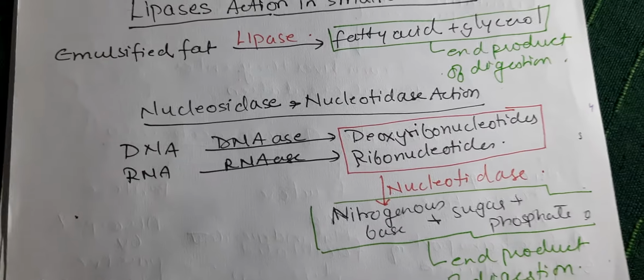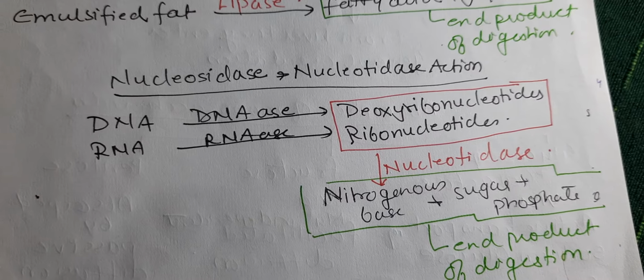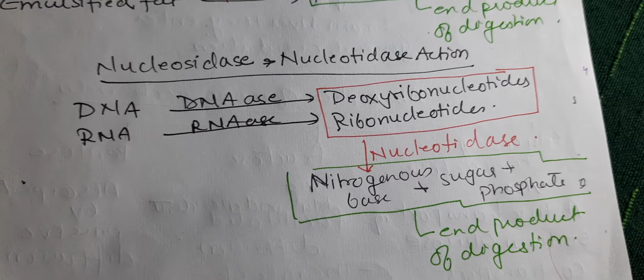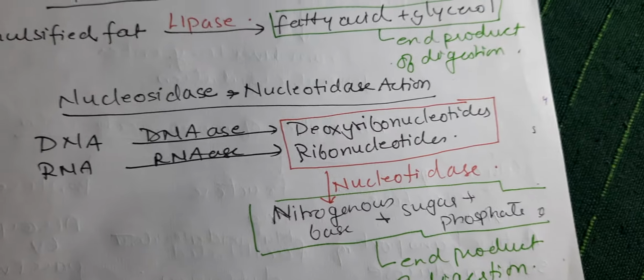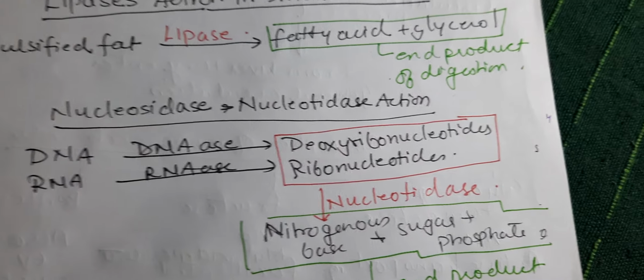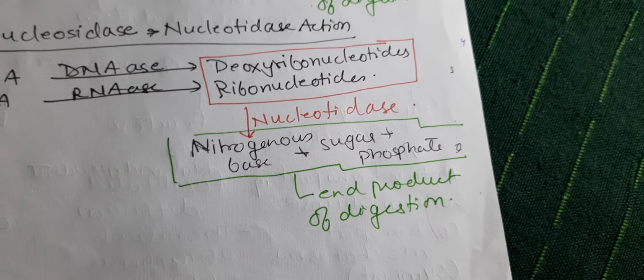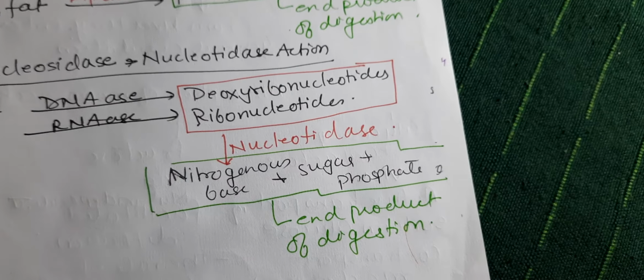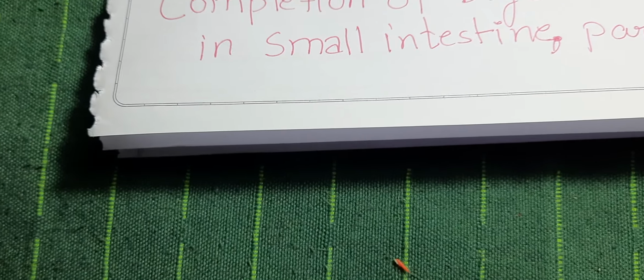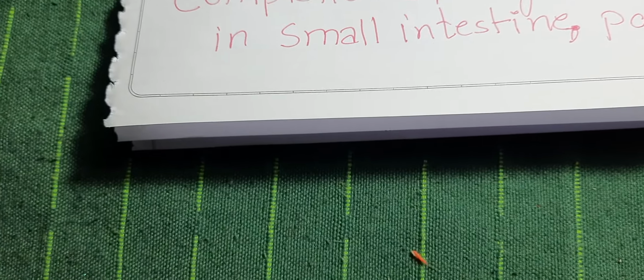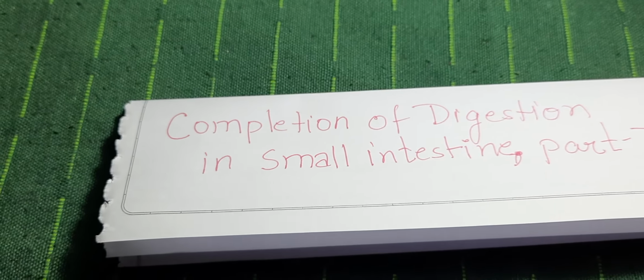Similarly, nucleosidase and nucleotidase are there. The DNase and RNase act respectively on DNA and RNA and convert them to the respective nucleotides, and then nucleotidases act on them and convert them into the nitrogenous base, sugar, and phosphate, which are now the end product of digestion. So here the digestion of each and every component is completed.